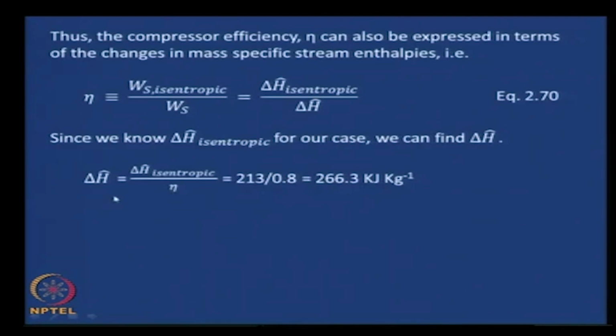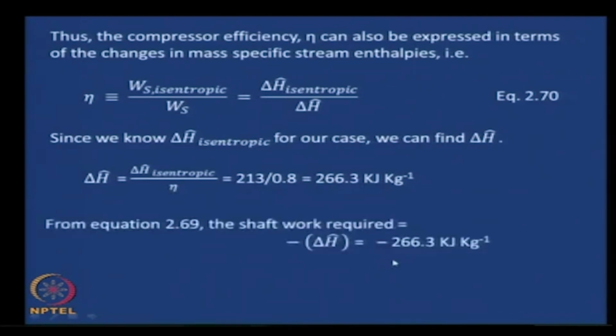This is delta H hat, and from equation 269 we have already seen that the shaft work per unit mass Ws is minus delta H hat, which is minus 266.3 kilojoules per kilogram.